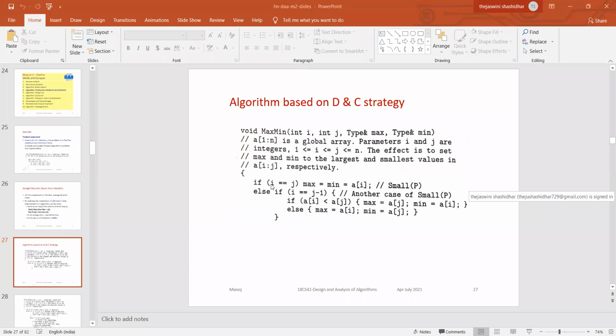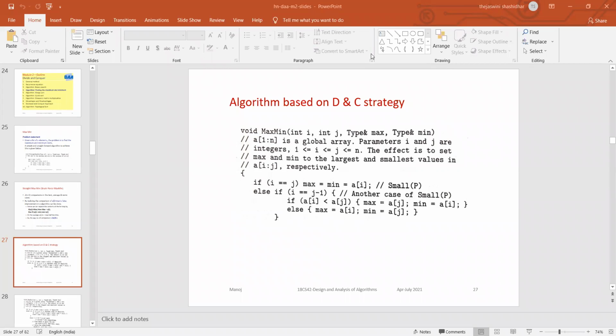First, if i double equals j, how many elements are there in the array? Keep in mind, i is at which location? Can you tell what i and j are?